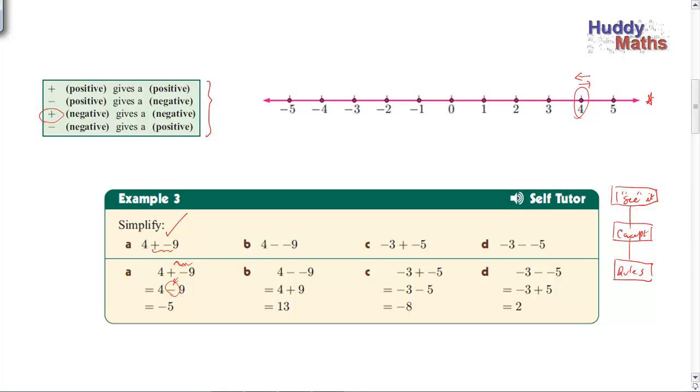The positive and the negative result in a negative, because we're going back now. There's the negative, going back the other way. So 4, and if we go back neg 9, 9 units, we'll be right back here at neg 5. That's the idea.